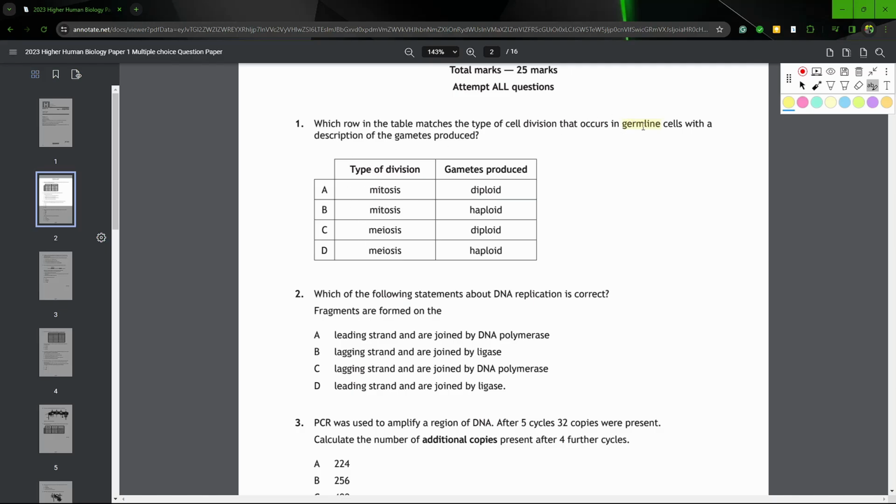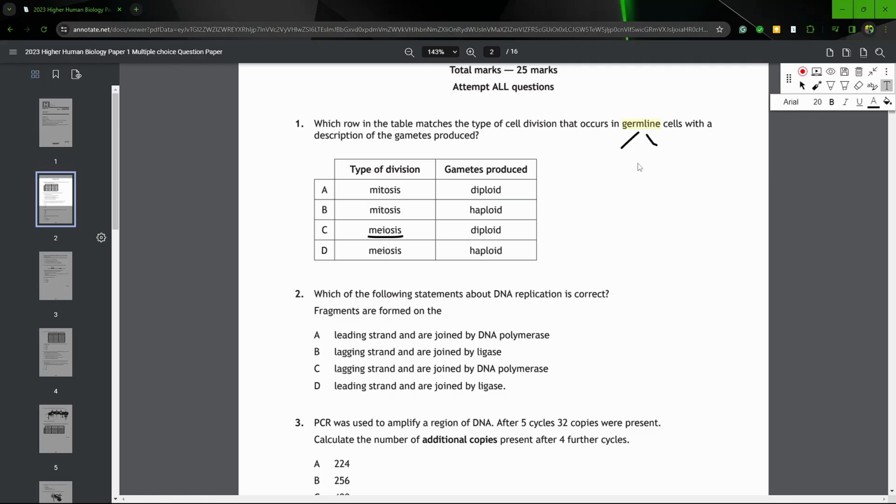Now, germline cells, important to note that they can actually do both mitosis and meiosis, okay? Because when they do meiosis, they turn into haploid gametes. So I'll just write that out.